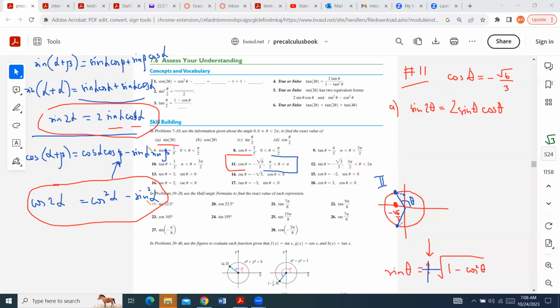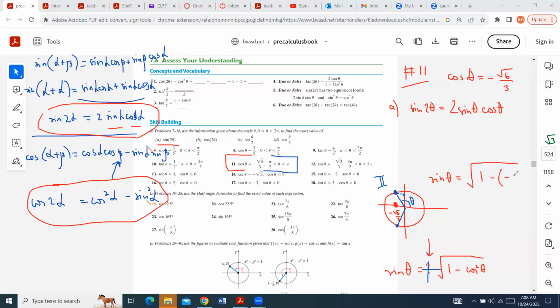So let us get the result for the other piece here, and then we're going to move to using that new formula. I'm going to produce the expression for the sine of theta, which is a positive square root of 1 minus the square of cosine.